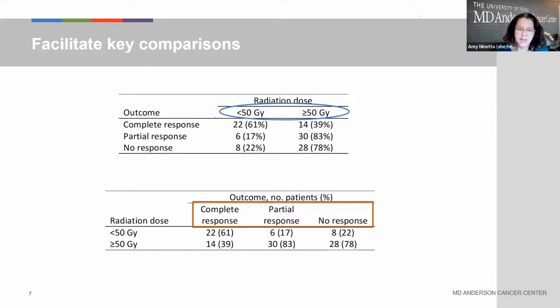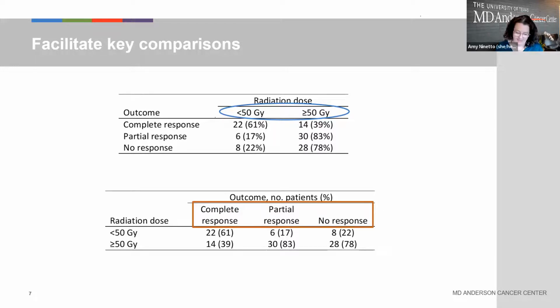You can see in this table, there's two ways to organize it. One puts the radiation dose at the top, and then you read across. So the key comparison in the left to right reading order would be the radiation doses. Whereas what's being compared in the bottom table is response.